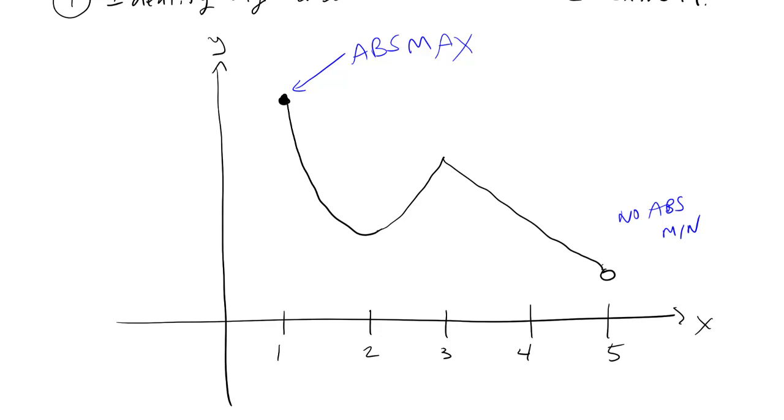And then inside here, we have a couple of places where it bottoms out temporarily and tops out temporarily. So here, we're seeing a relative min, and here, we're seeing a relative max.